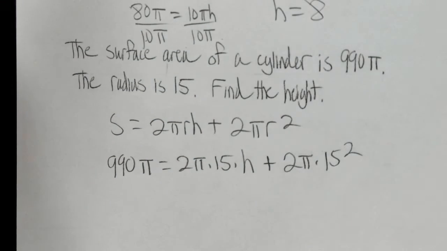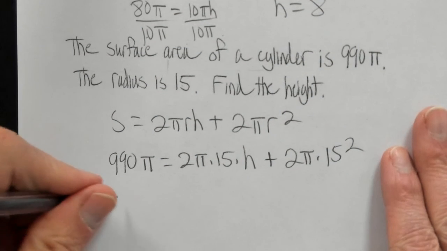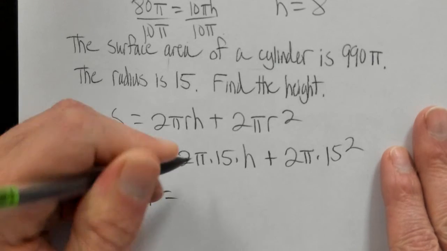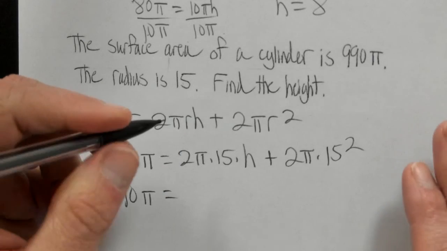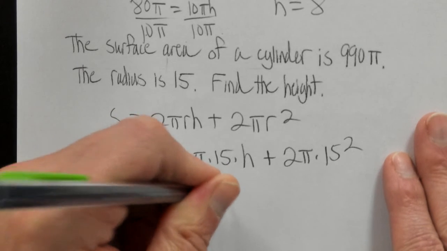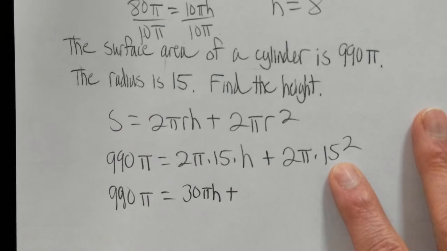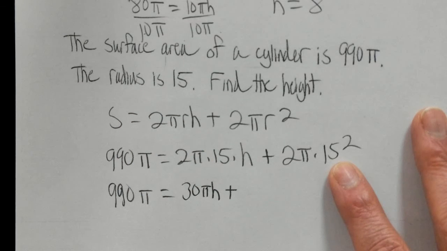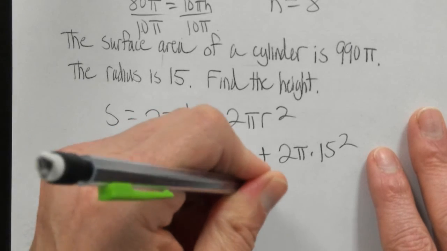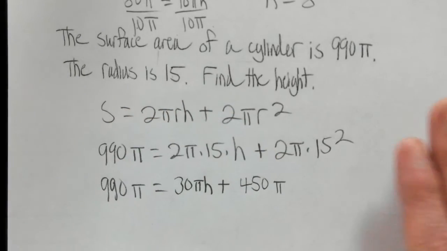Alright. So from here, go ahead and write back 990 pi. 2 times 15, that's going to make 30 pi h plus, now 15 squared is 225 times 2 is 450. So that's 450 pi.